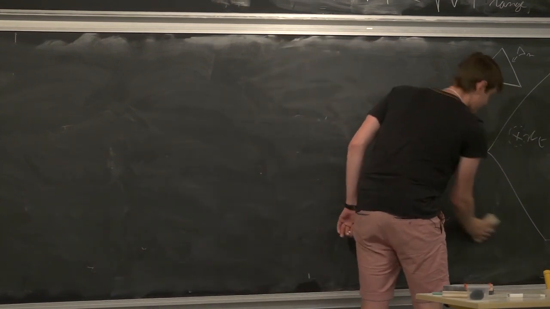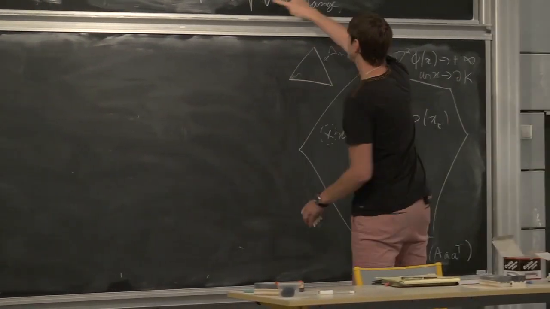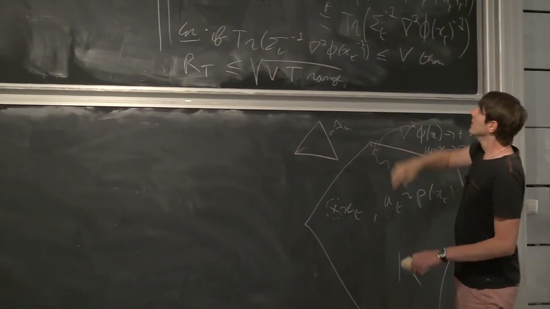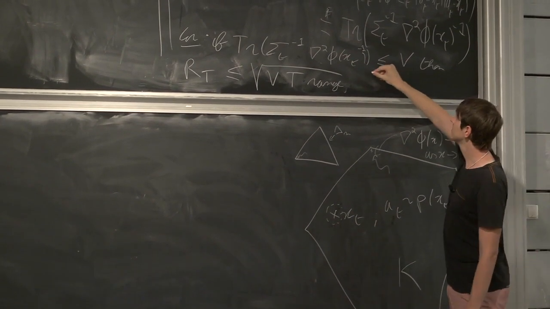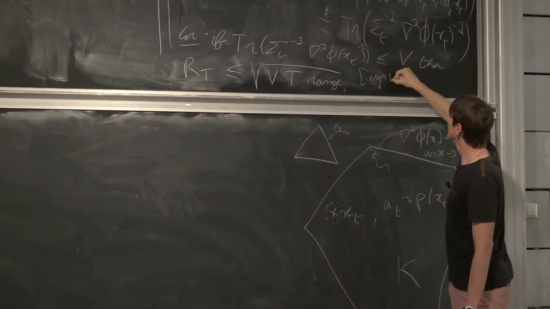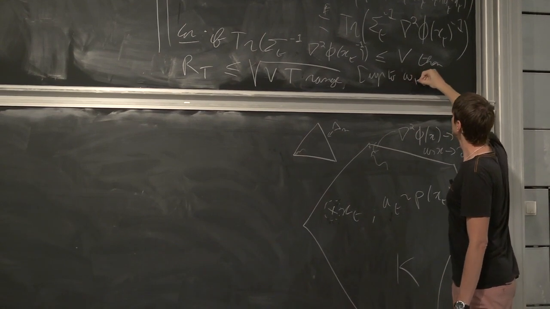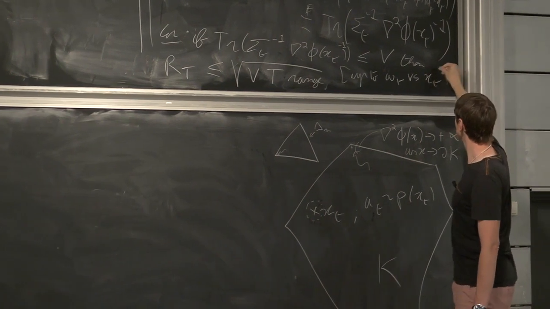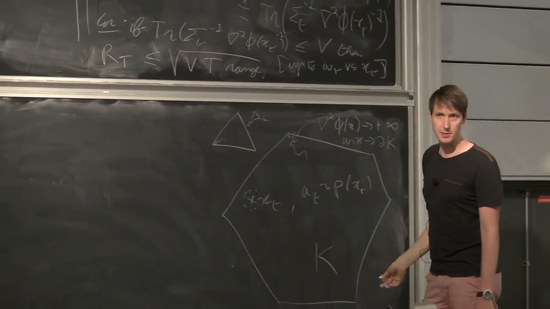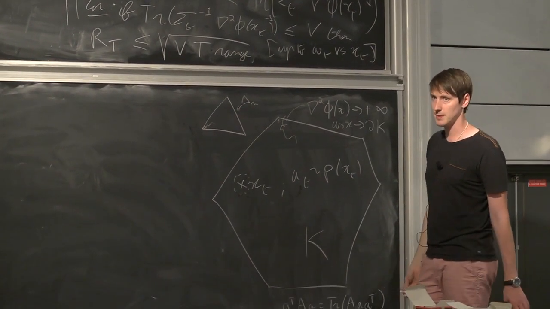And in addition to controlling v and range, there is also the problem of omega t versus xt, which again I won't have time to explain. But this is also something that goes into the mix.